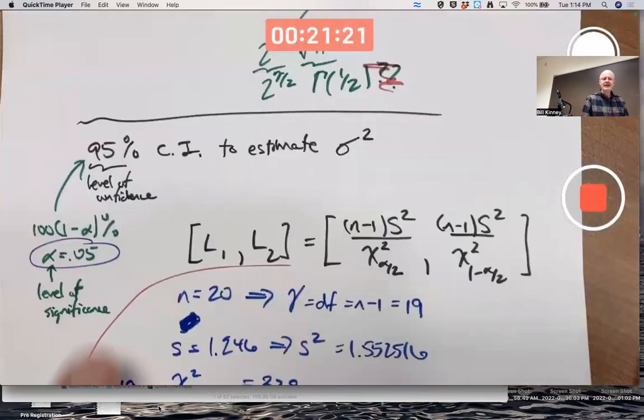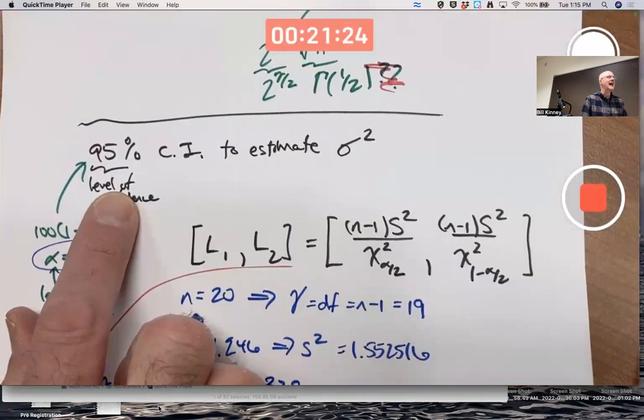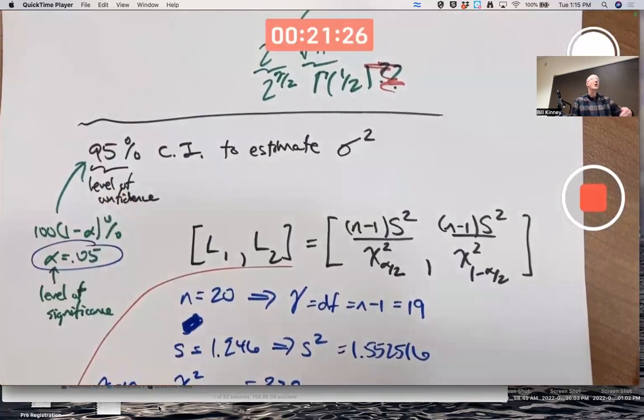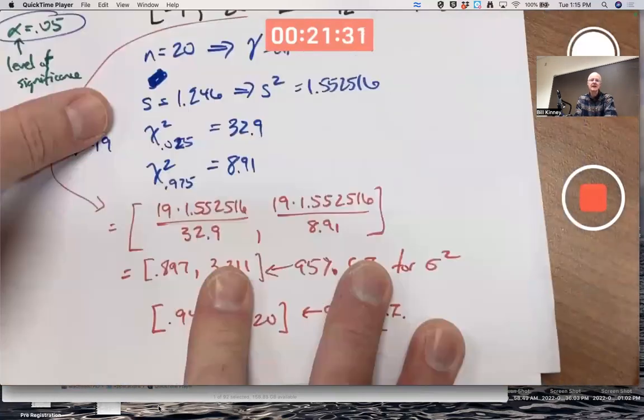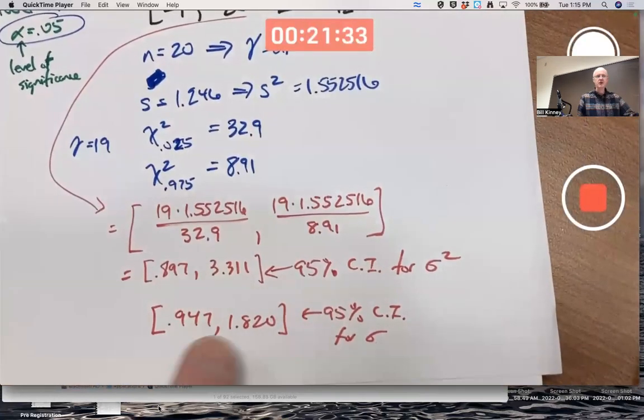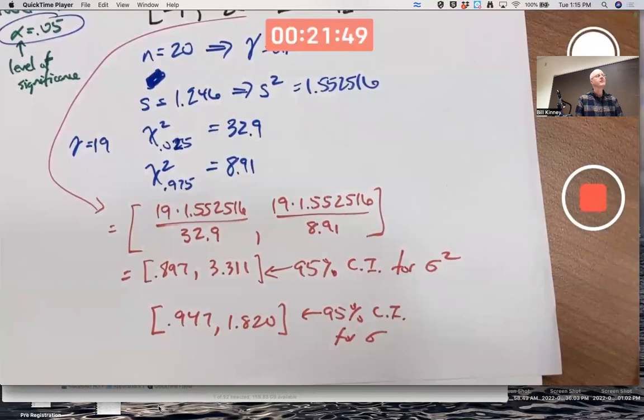You can interpret the 95% as saying, if you do the sampling over and over again, get a random sample of size 20, compute the interval, get another random sample of size 20, compute the interval, maybe do that 1,000 times to get 1,000 intervals, 95% of them or so will contain the true population variance or population standard deviation, depending on which one you're computing. That's the meaning of the 95%, really.